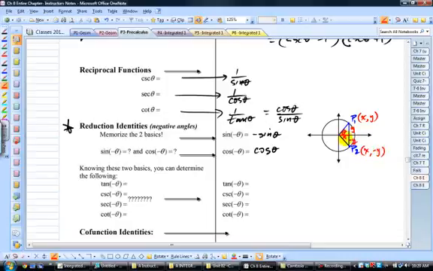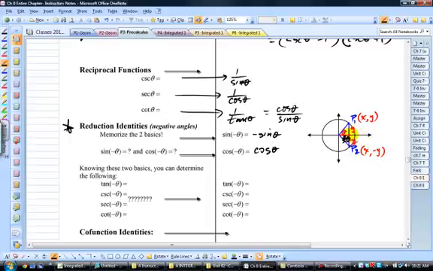So if you consider the sine, and remember sine is always the y value, actually let me draw negative theta. Negative theta is down here, it's a clockwise rotation. Okay, negative theta, from the x-axis, going clockwise.